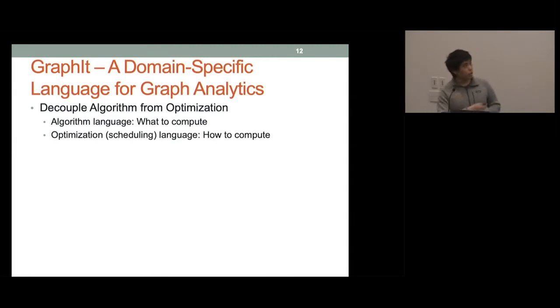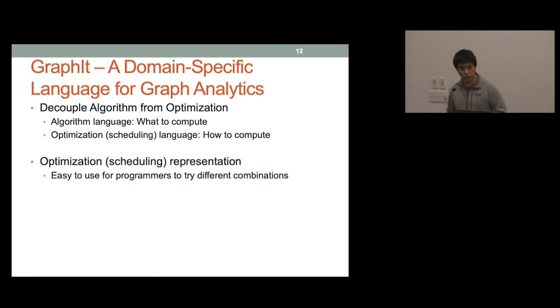And due to the fact that these are two separate languages, now if you want to optimize your program, you only have to change the code in the scheduling language, and you don't have to modify the logic of your algorithm at all. So the optimization or scheduling representation makes it very easy for programmers to try out different combinations of optimizations just by tweaking some parameters in the scheduling language. And we'll see an example of that shortly.